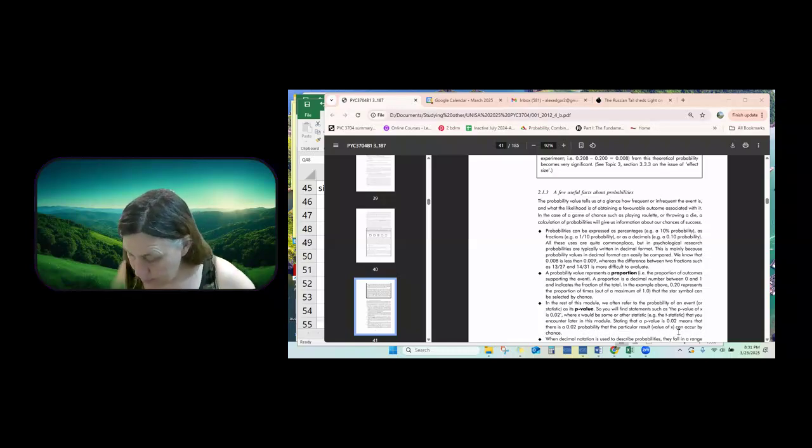That also conversely means, and this is an interesting thing that's probably got some complex math behind it, that there's a 0.02 probability that that particular result, the p-value of x, can occur by chance. Which is an odd statement, but there's obviously some math that proves that. There must be.